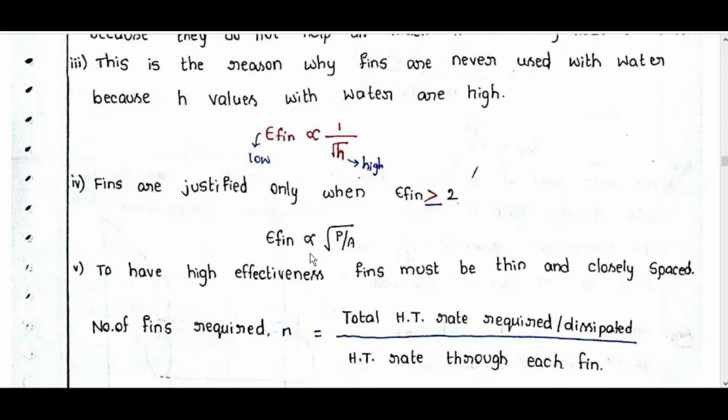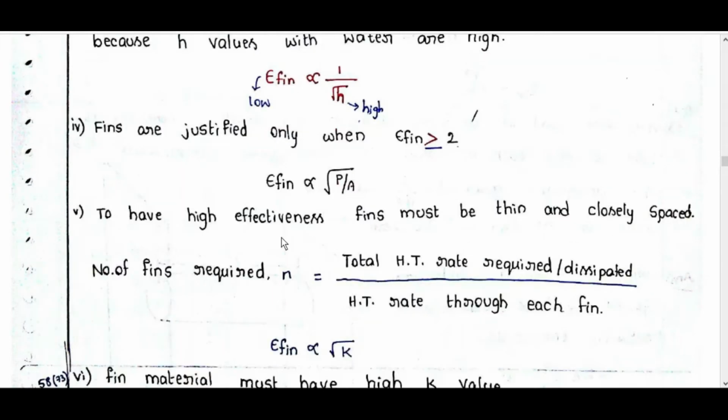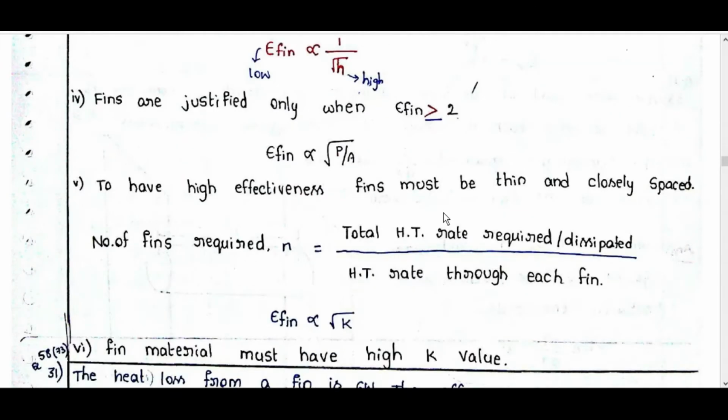Epsilon fin is directly proportional to root(P by A). To have high effectiveness, fins must be thin and closely spaced, because they should have high perimeter and less area. High perimeter, and less area indicates thin cross-sectional area, and closely spaced.